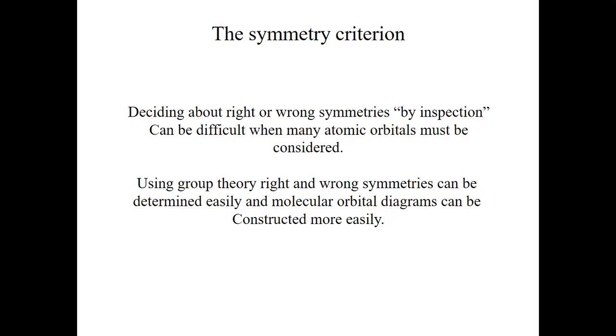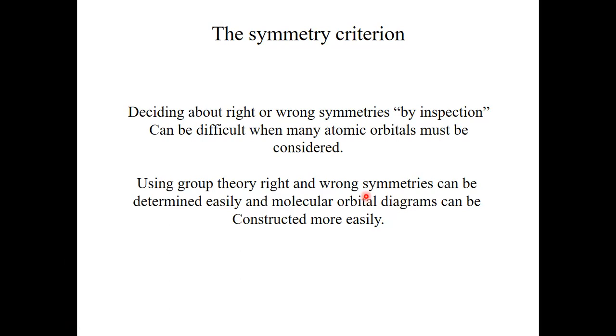And this decision becomes more difficult as the molecule becomes more complex. So in the following, we will see that when we use group theory, then right and wrong symmetries can be determined easily, and molecular orbital diagrams can be constructed more easily as well.